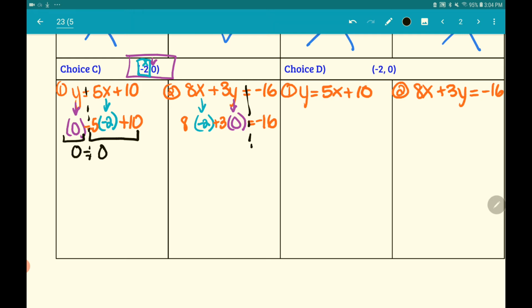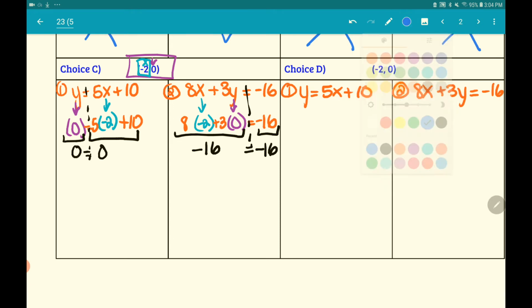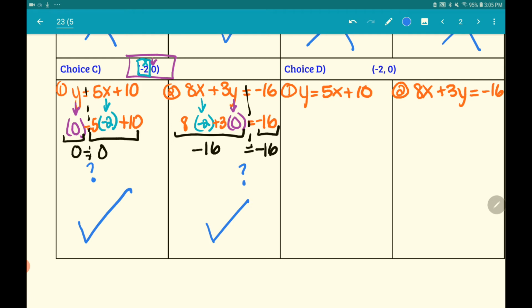I got 0. All right, now simplify equation 2. What did you get for the left side? I got -16. Right side, -16. So now we ask ourselves, does our left side equal our right side? Equation 1 works. Equation 2 also works.